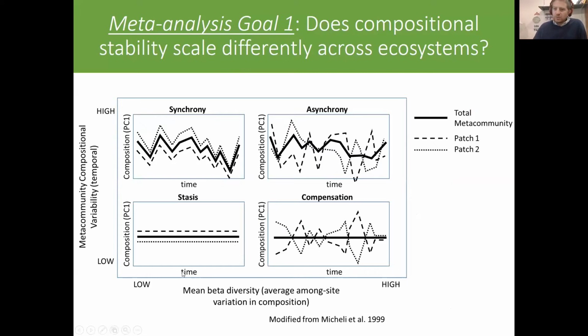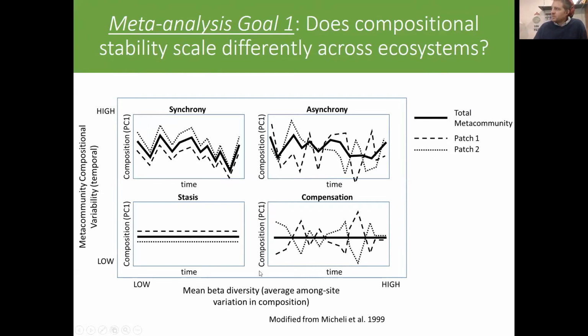So we're addressing the question, why look at scaling of composition? The reason is that we think there could be situations in which local community compositions are changing differently through time that could promote stability in the regional species pool.